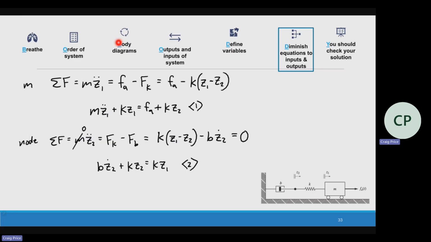Now these are stable, the output sides are positive. What is the order of the system? Let's count the dots. What's our highest derivative in the first equation? Second. What's our highest in the second equation? 1.